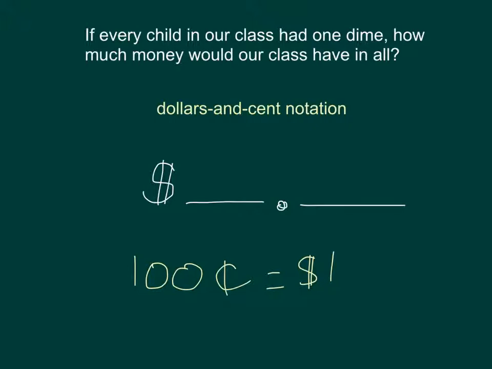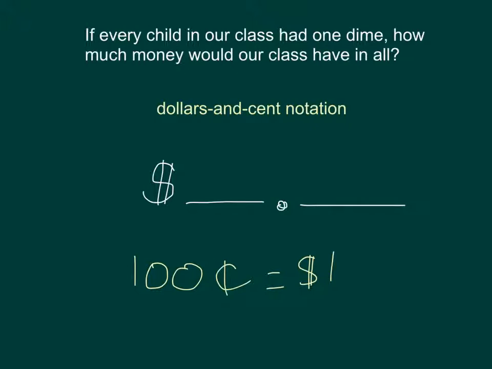We're going to try recounting now with dollar and cent notation. When we get to 100 cents, we're going to call that $1 and keep counting our change or cents on from here.